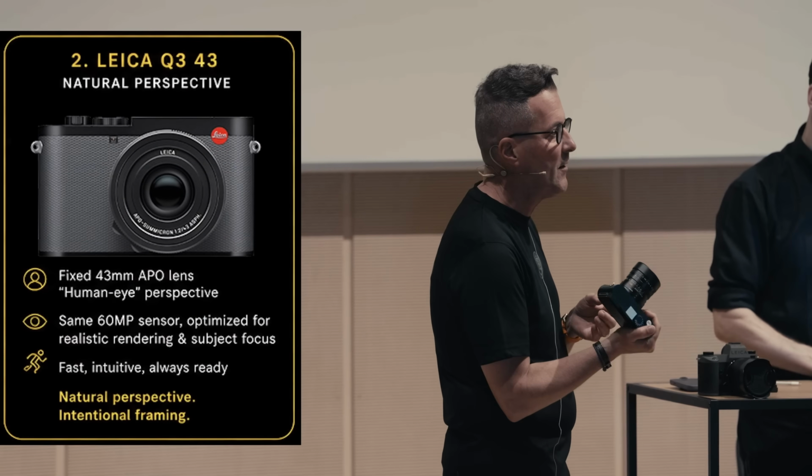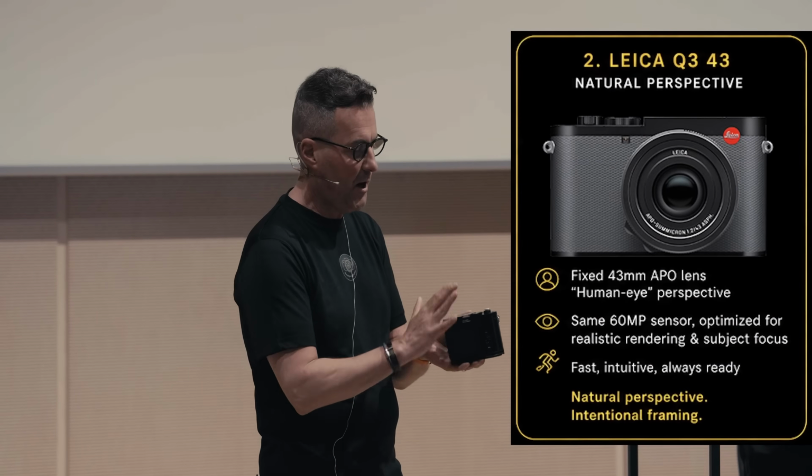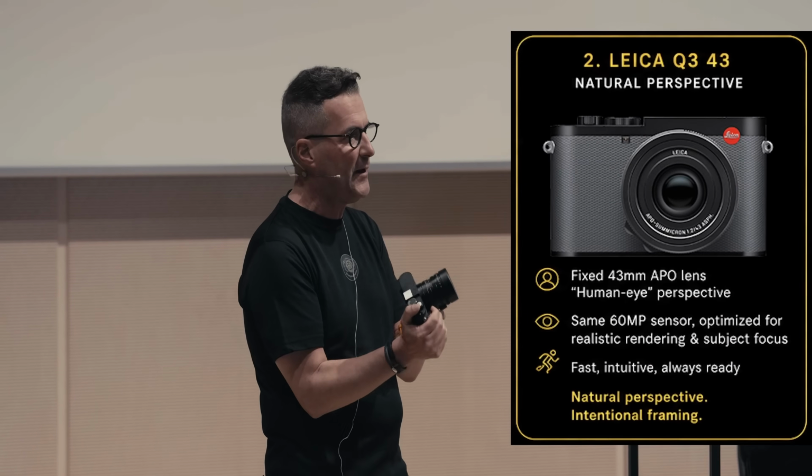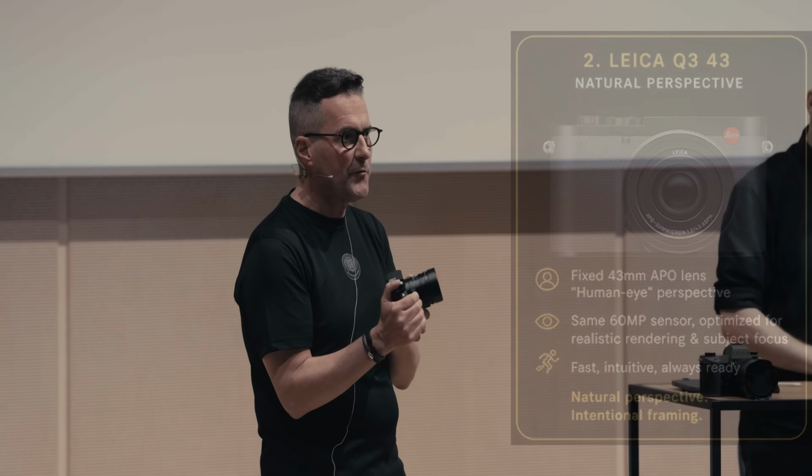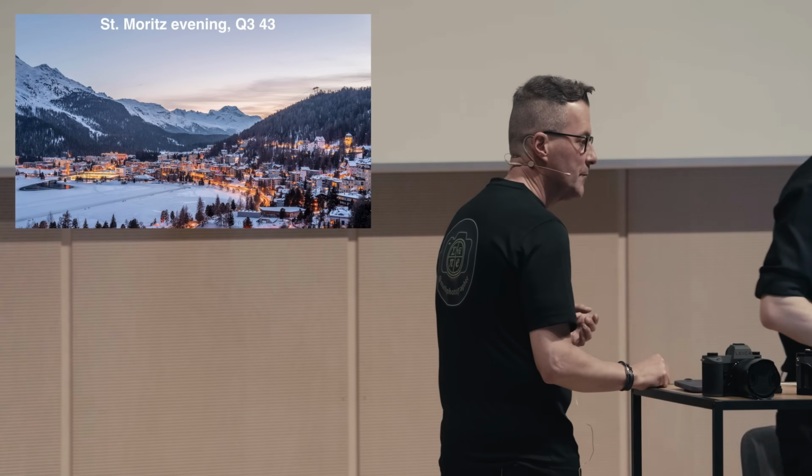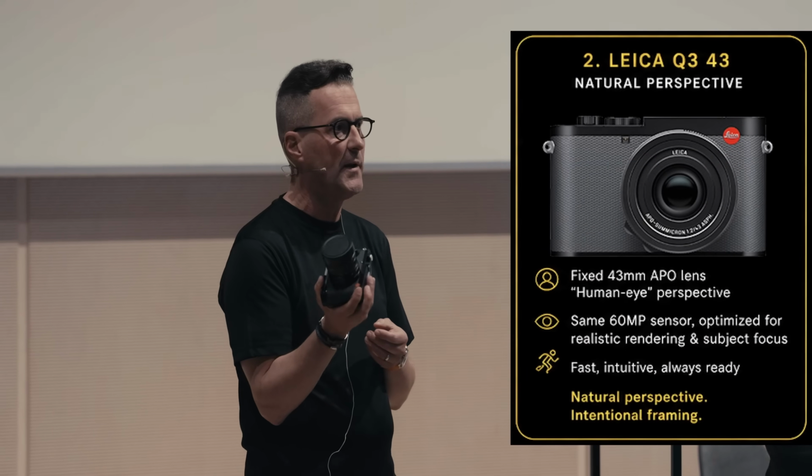And why do I do this? Because I think it's the most universal combination of a camera body with a fixed mounted lens. 43mm is a perfect focal length for people photography, for instance. And it is also good for landscape, which I wanted to show you, but they're still working. And it has the perception, the visual perception of the human eye.